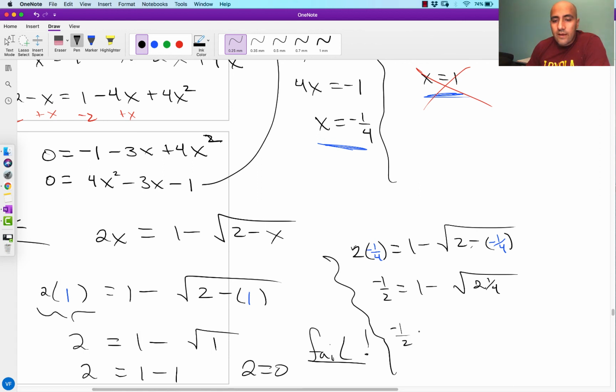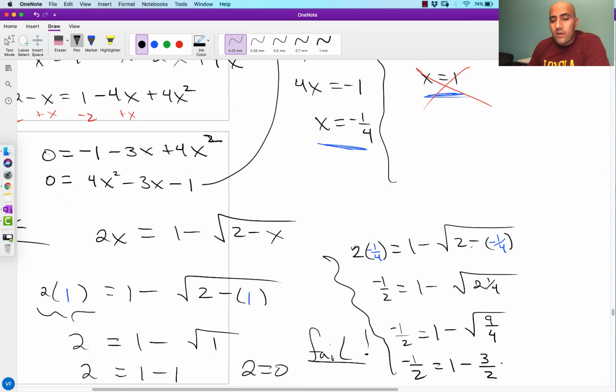Negative 1/2 is equal to 1 minus the square root of 9 over 4. Or we could have gotten the common denominator, 4 over 4, that's 8, plus 1 over 4, that's 9 over 4, which then reduces. We get negative 1/2 is equal to 1 minus 3 halves.